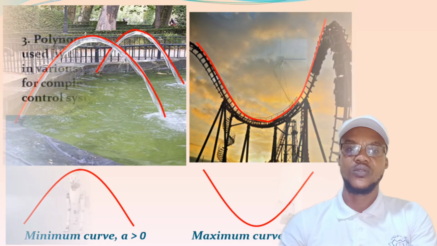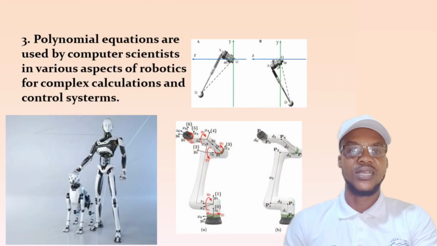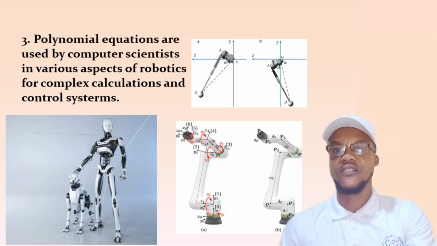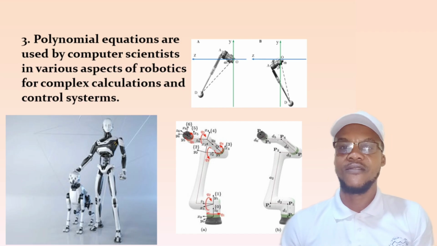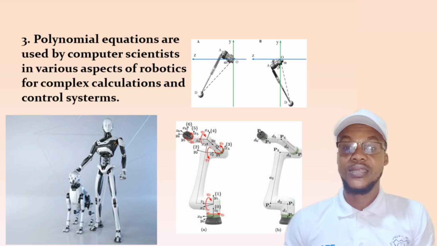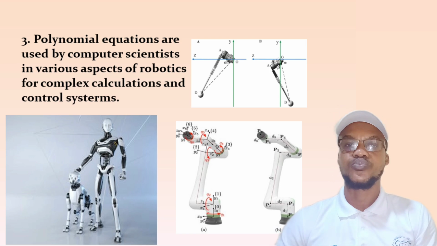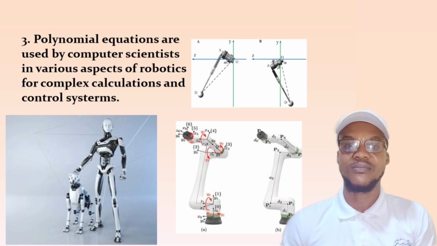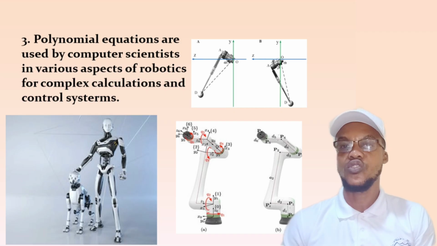Okay, so let's look at the third one. Polynomial equations are used by computer scientists in various aspects of robotics for complex calculations and control systems. So you see that those who deal with robotics also apply mathematics, and one important aspect in mathematics is polynomial equations. They use these equations.